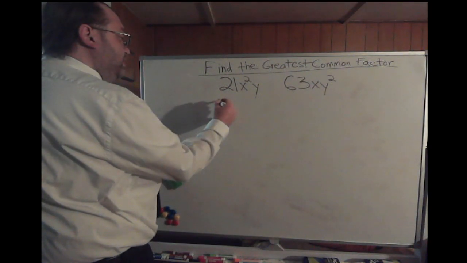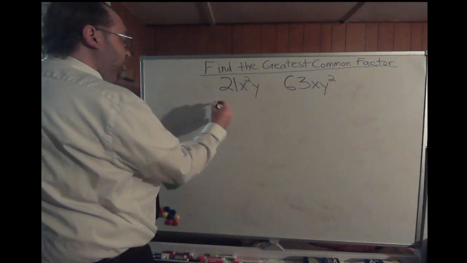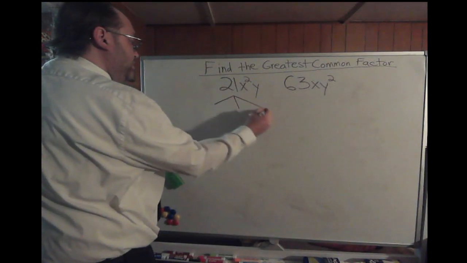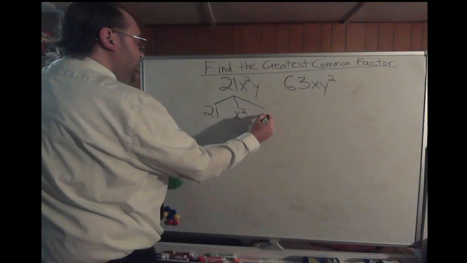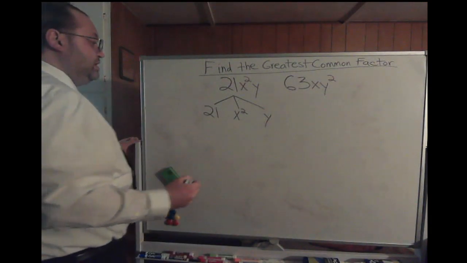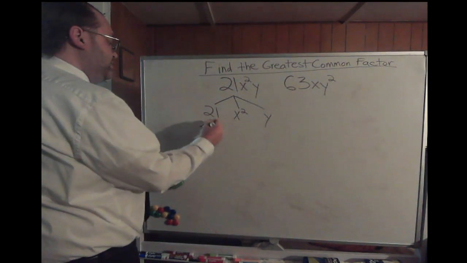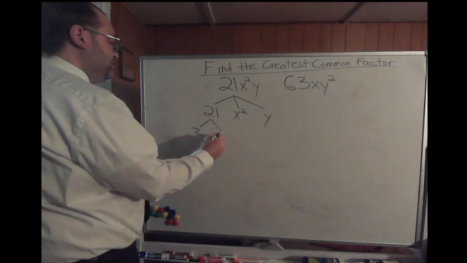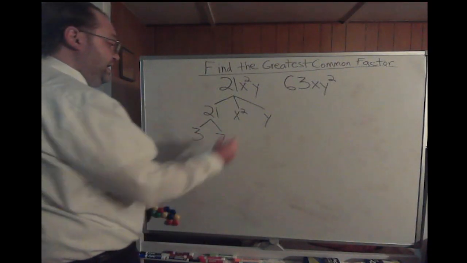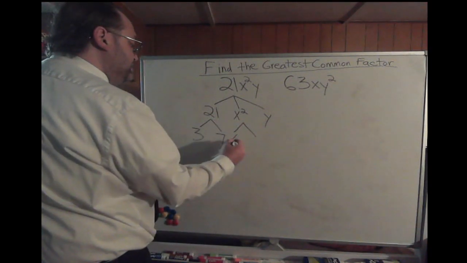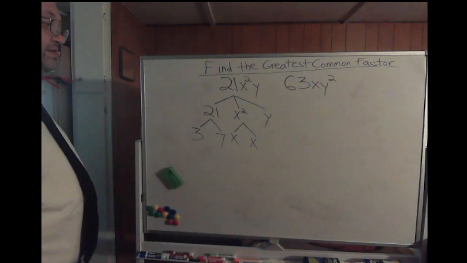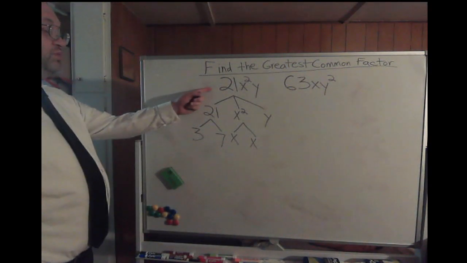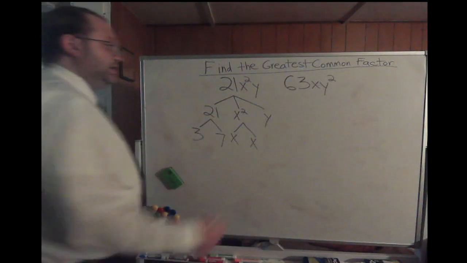Let's do 21 times x squared times y. That'll break down into three parts: 21, then the x squared, then the y. We can factor 21 into 3 and 7, and that's about as good as that's going to get. X squared will factor into x times x. The y factors no further. So we factored 21x squared y completely.